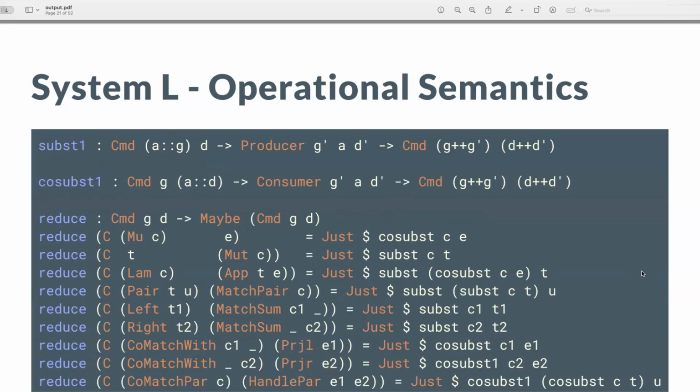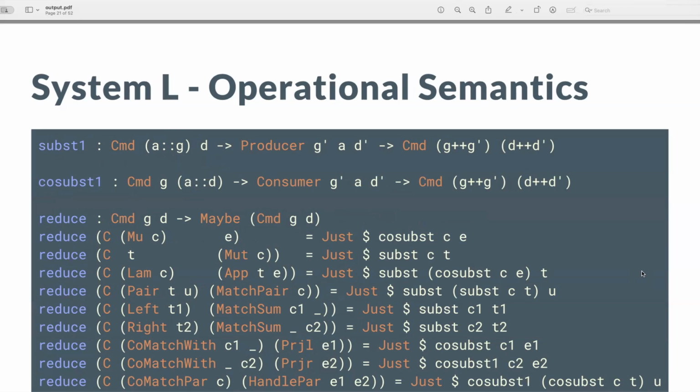So, okay, the operational semantics of this is very, very simple. There's a lot of rules, but it's a lot less than lambda calculus, because every rule in the reduction comes in pairs. And to evaluate it, you either use substitution or co-substitution. Where substitution substitutes a variable in a command for a producer, and co-substitution substitutes a consumer for a covariable.